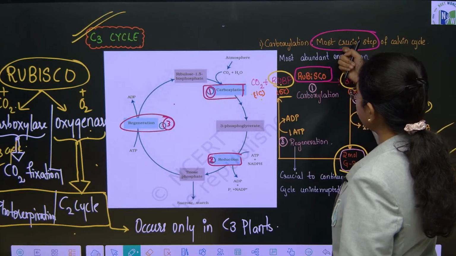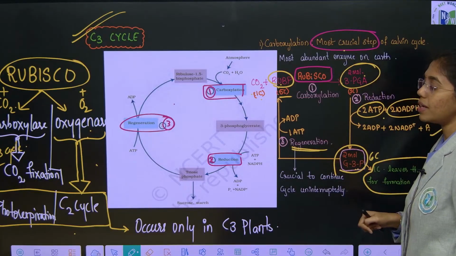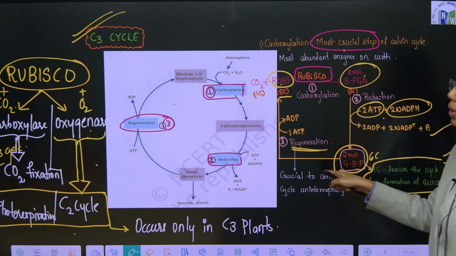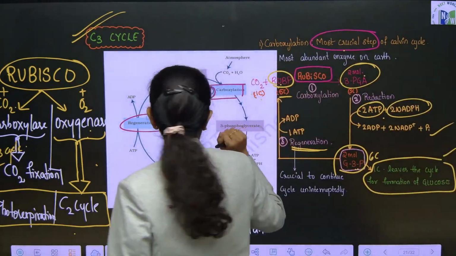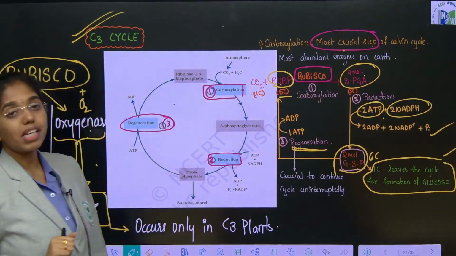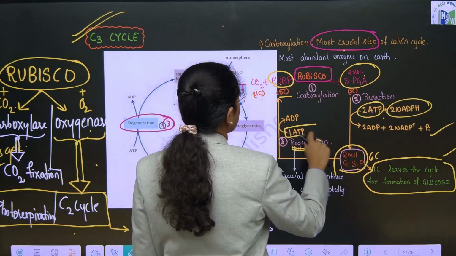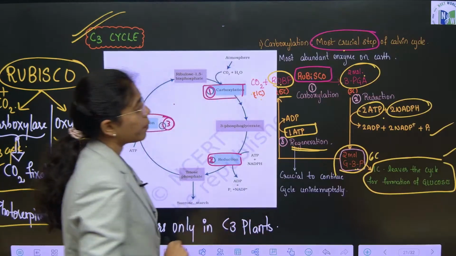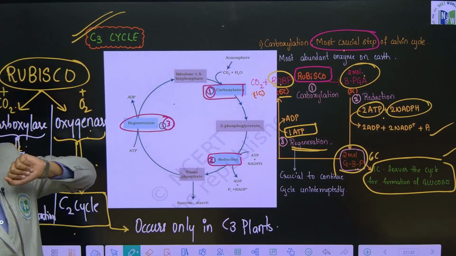After carboxylation, it is regeneration step which is most crucial for C3 cycle to continue the cycle uninterruptedly. To continue C3 cycle uninterruptedly, regeneration step is very important. Here 1 ATP is being utilized in this step for 1 carbon dioxide. Clear till here? So 1 carbon dioxide to be fixed, how much amount of energy is required?